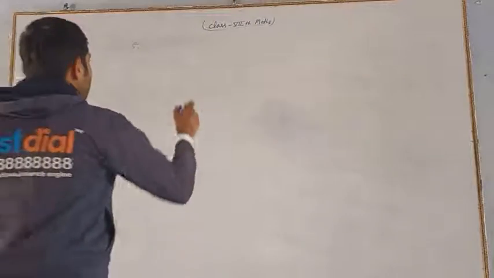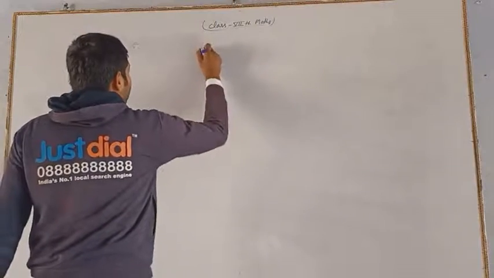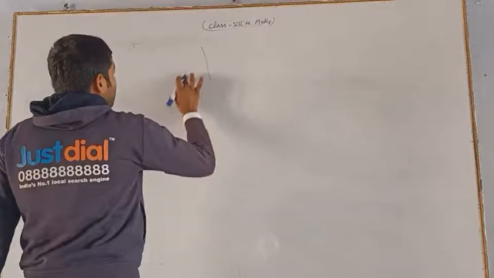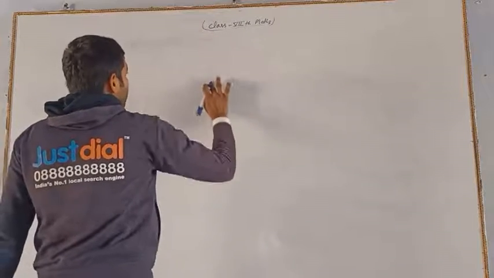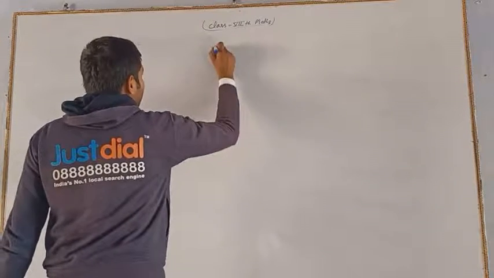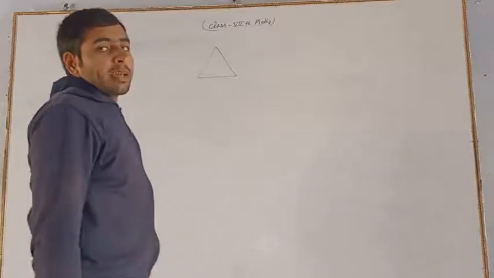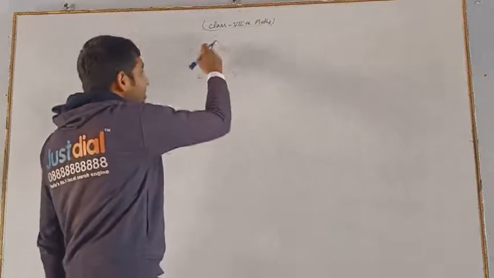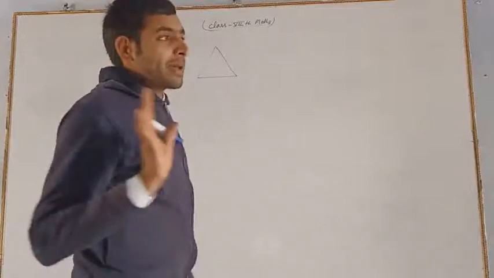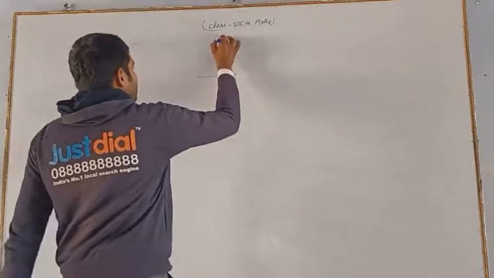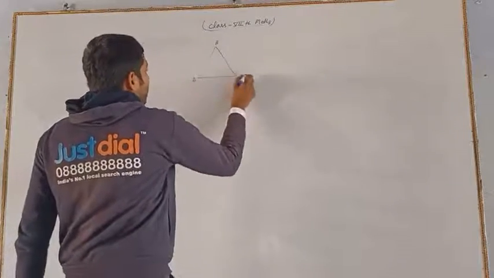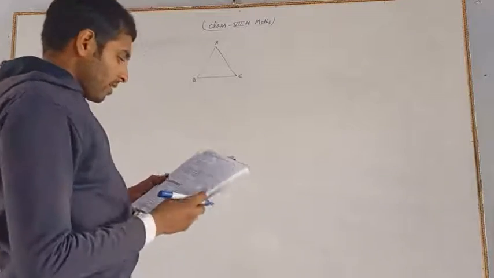First of all, we draw an equilateral triangle. An equilateral triangle is a triangle in which the three sides are the same. So this is equilateral triangle ABC.